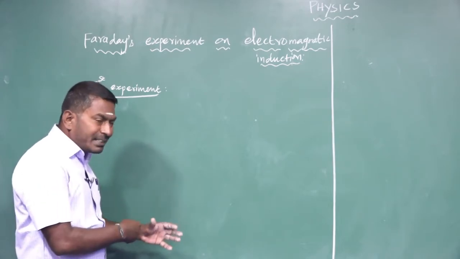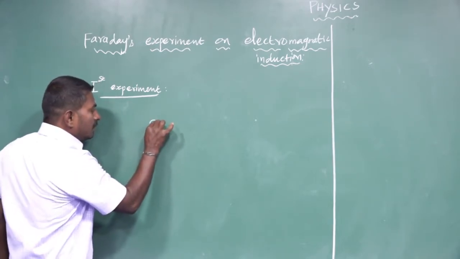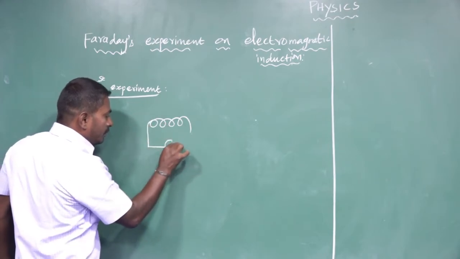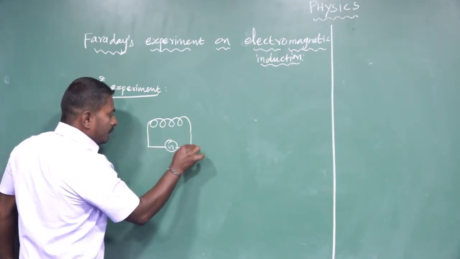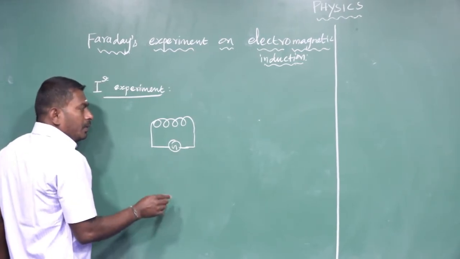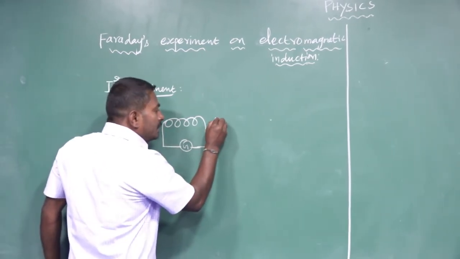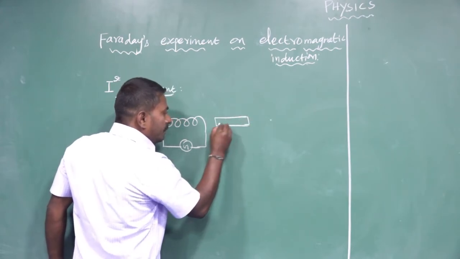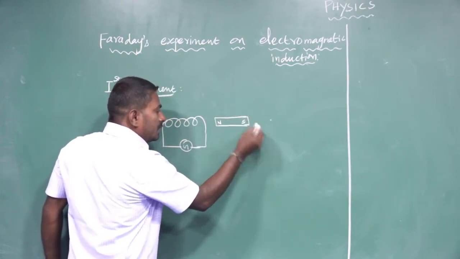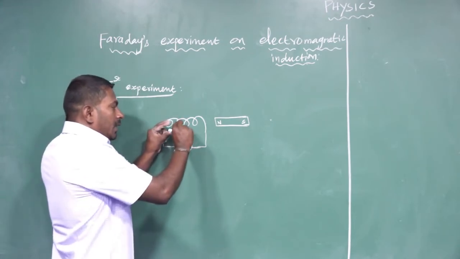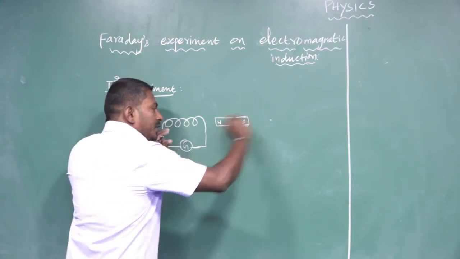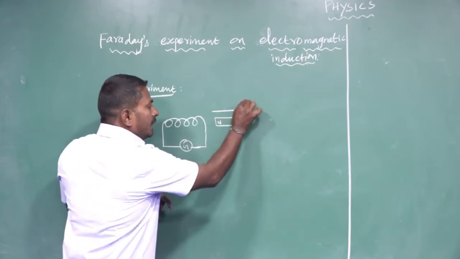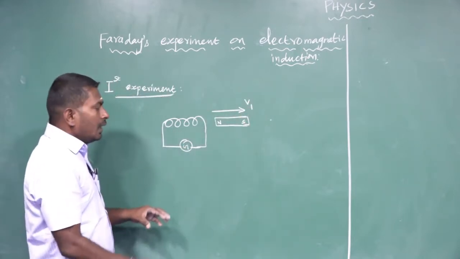See the next case, the same closed circuit. Now the bar magnet is withdrawn from the coil, with its north pole and south pole shown, along this direction with a velocity v1.